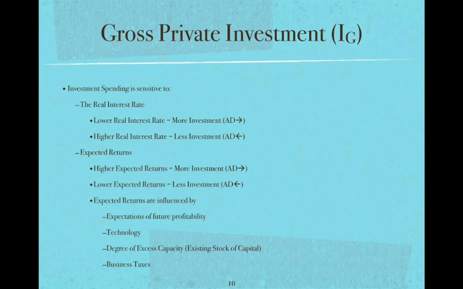Great, let's go ahead and do it. And a lot of times that return might be the fact that interest rates are so low. Okay, it could also be the fact that it's just a really good opportunity. The market's in a good spot. And so, expected returns, looking at future profitability, looking at technology, looking at excess capacity. And so that's looking at our existing stock of capital, or how much we're working with at the time.